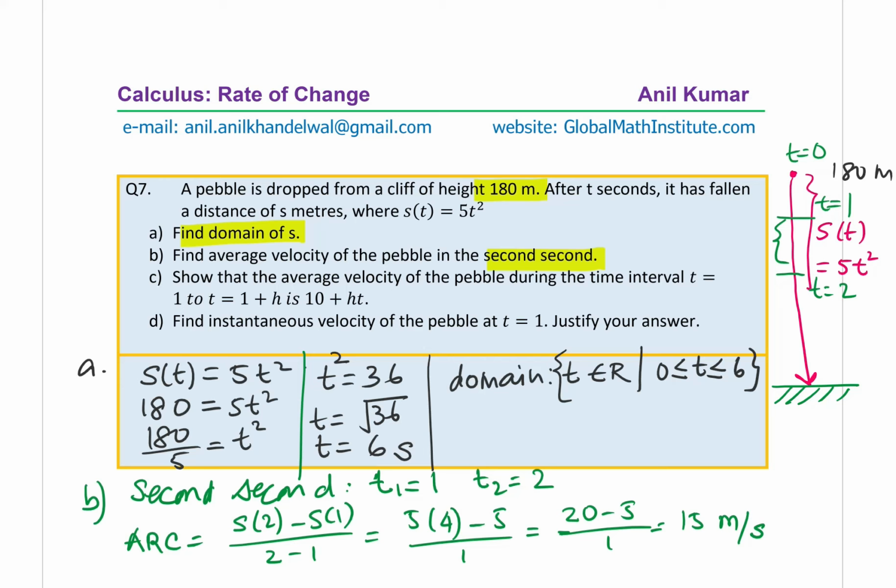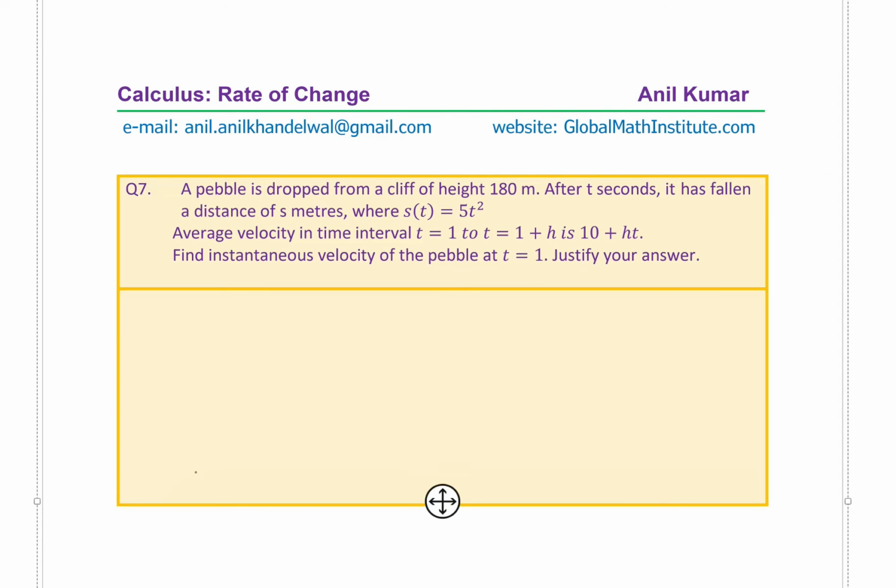Now, part C is show that the average velocity of the pebble during the time interval t equals 1 to t equals 1 plus h is 10 plus 5h. So let's move on to a fresh page to do this. Here we have the same equation. We are now working on the average rate of change, the average velocity for these two times.